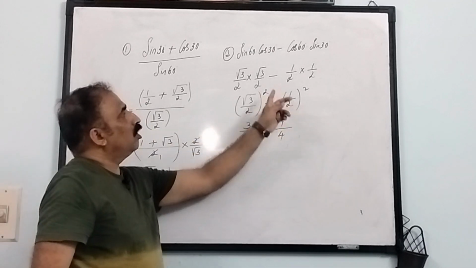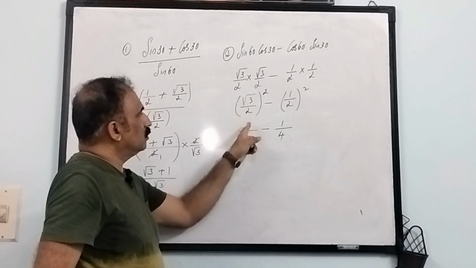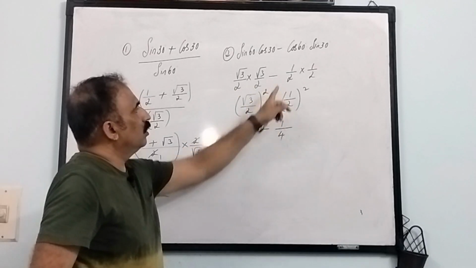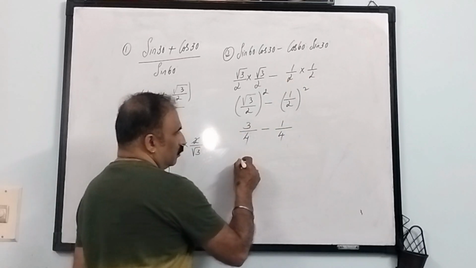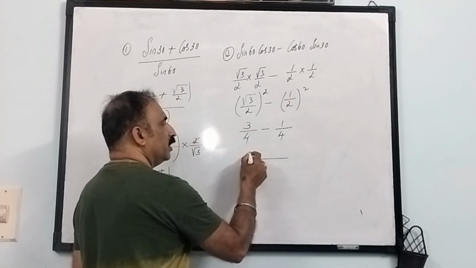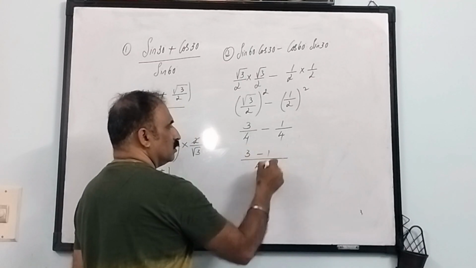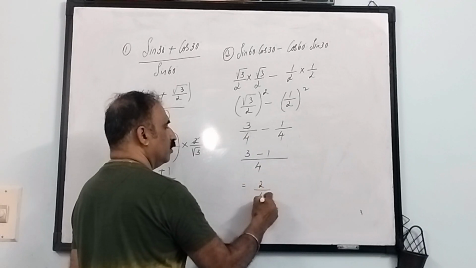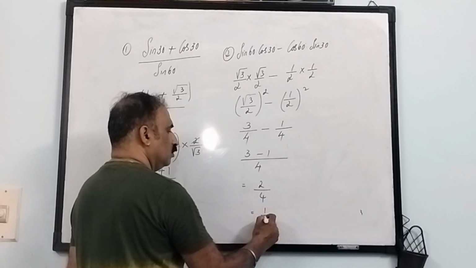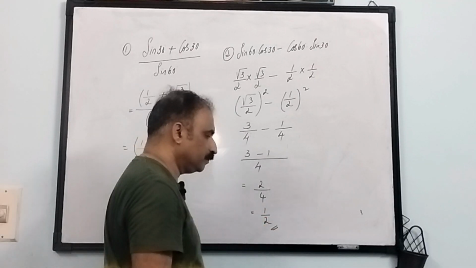So square is applicable, or directly you can do it. Root 3 into root 3 is 3, 2 twos are 4. Here 1 ones are 1 and 2 twos are 4. Come to the common LCM. Common LCM is 4. Numerator remains as it is. 3 minus 1 is going to be 2. 2 divided by 4 is equal to 1 by 2.